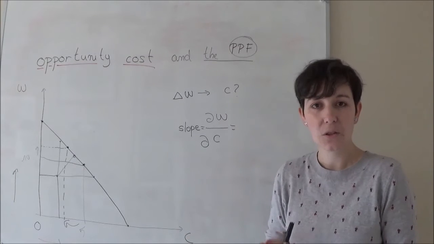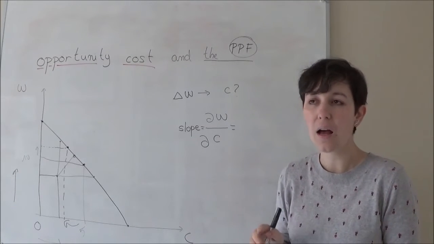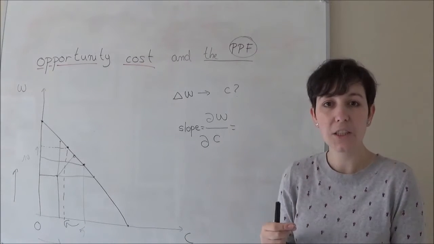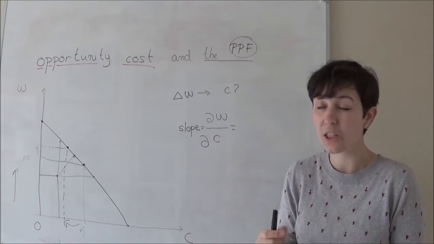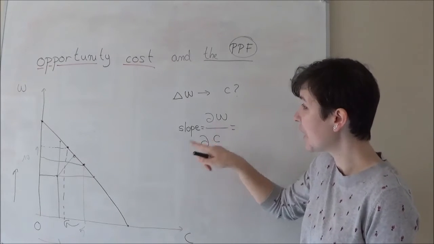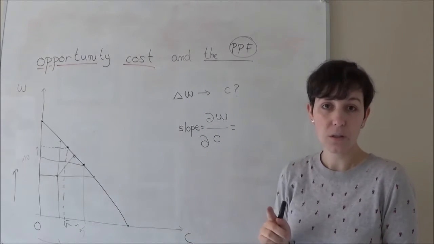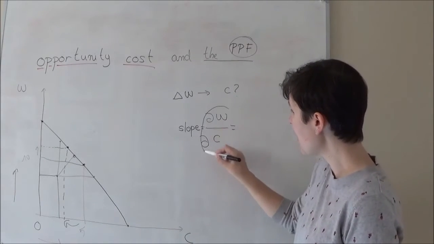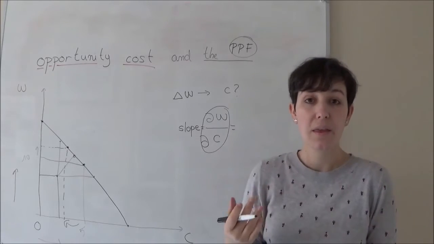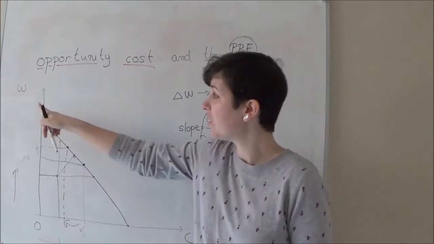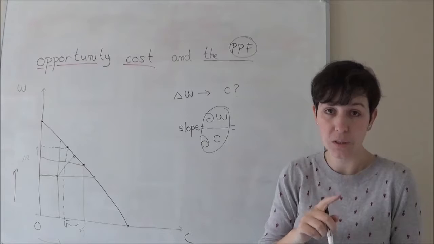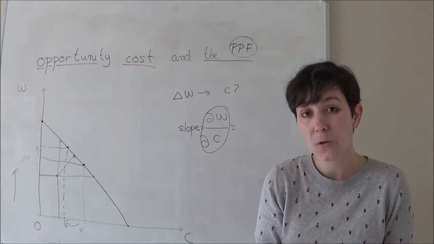But this is just notation, okay? It's not a division. It's notation. And the meaning of that notation is how that variable is going to change when this increases in 1 unit. Okay? So, that means the thing that I said. How it's going to change this when this increases in 1 unit. And that is the opportunity cost, okay?